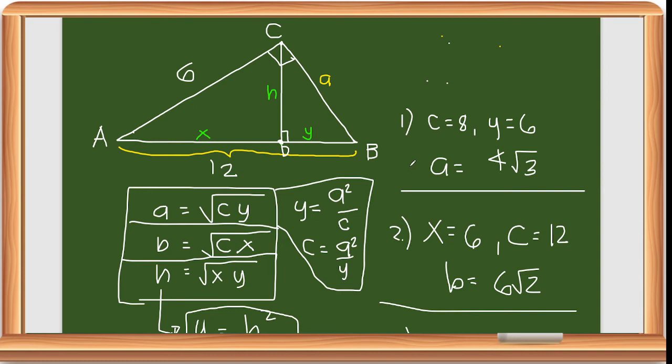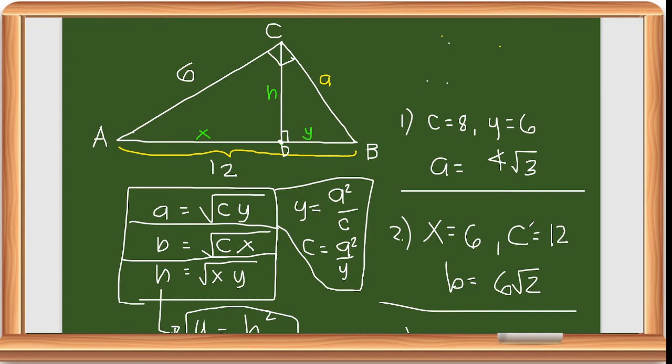Okay, so ano ang ipapahanap ko sa inyo dito? Guess what? Okay, I want you to get all the missing parts, no? So we have here, you have to look for A, side A, your H, X, and Y. So it's going to consume a little time here.